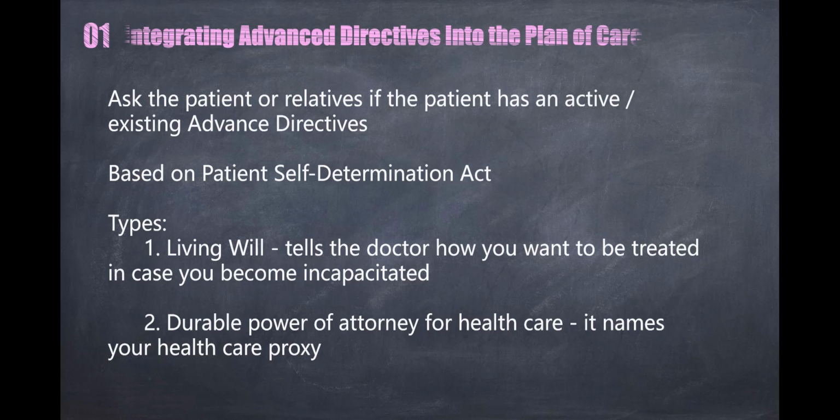Next is the durable power of attorney for healthcare. It names your healthcare proxy, a person who will make decisions for you when you reach the point that you cannot decide for your own healthcare.